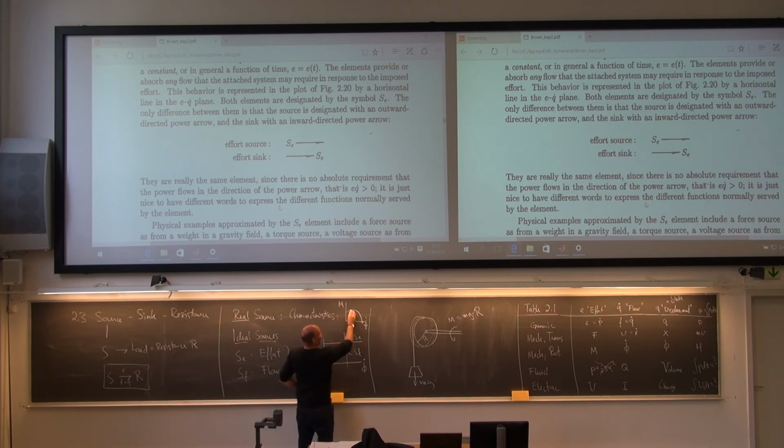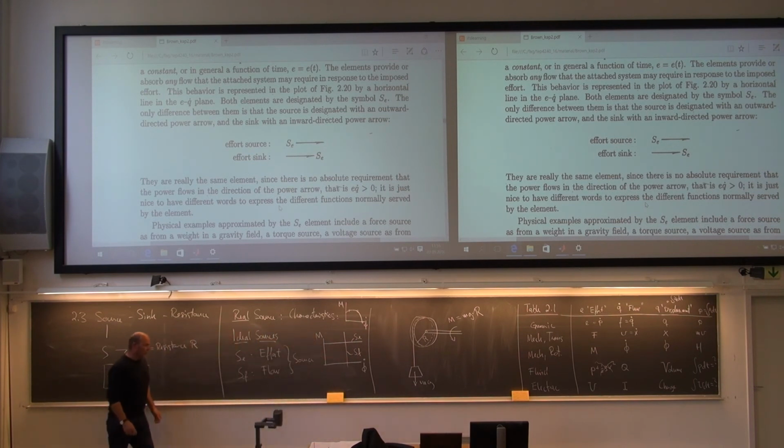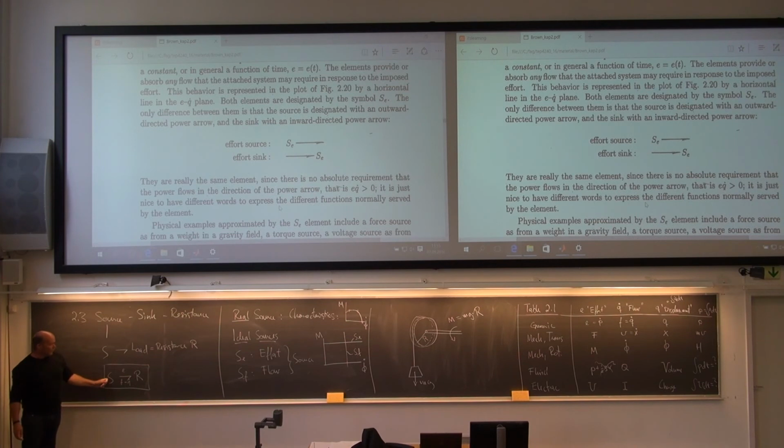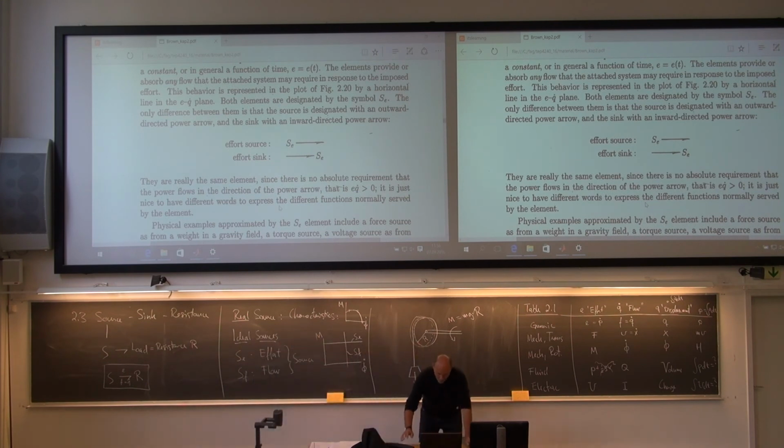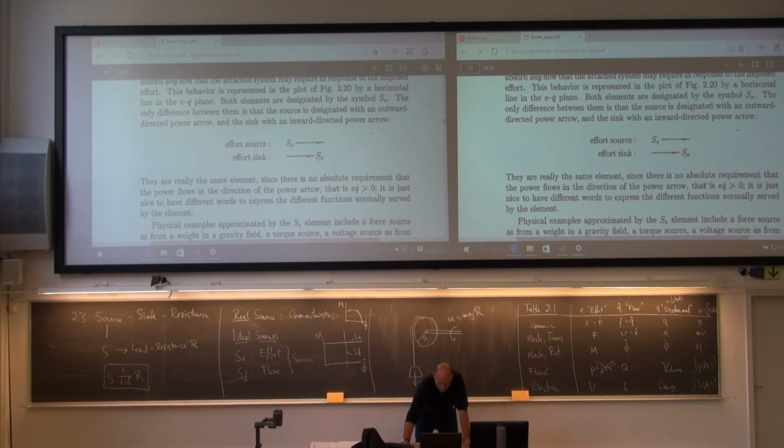You might say, for this area here, it is a fairly straight line. So in this region, yes, it could be treated as an ideal effort source. But it's not a nice description of the real thing. So you should keep it as a real source. We will work with ideal sources later on. The sink, you can just forget, we don't use it. Instead of sinks, we will always use resistances, R, instead.